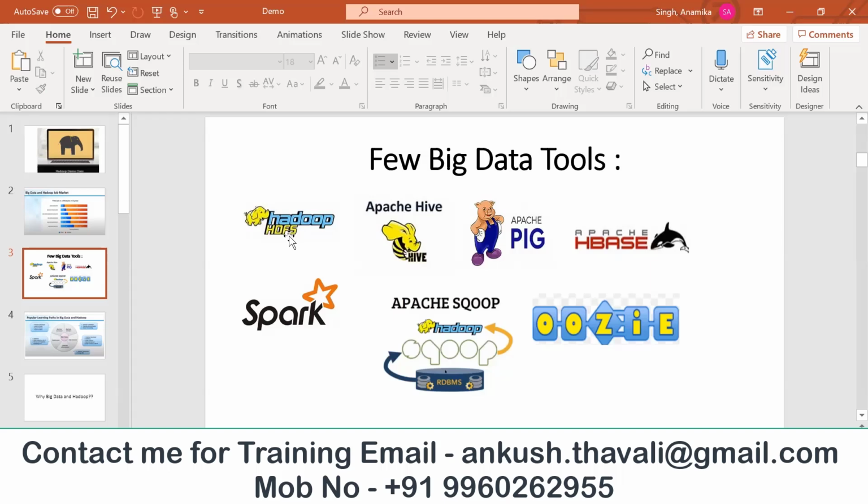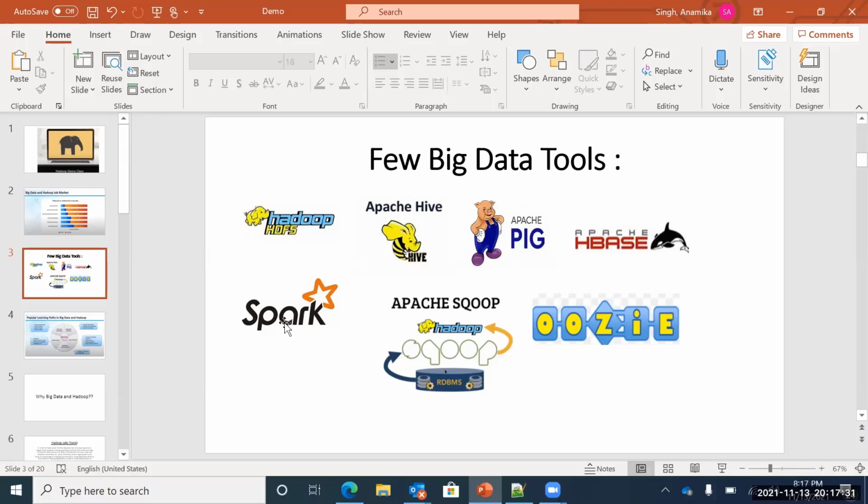Using Spark, we can process terabytes and petabytes of data within minutes and seconds, if possible. We do not need to waste more and more time. Compared to MapReduce, Spark is much faster. So nowadays this is very trending in the market and is a must-have, so we need to go with this. These are some of the tools I discussed, which we are going to use in our big data projects.